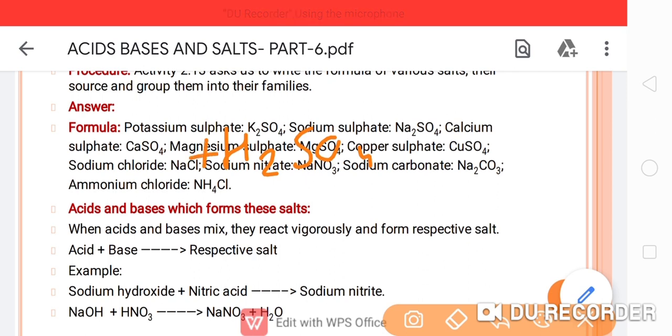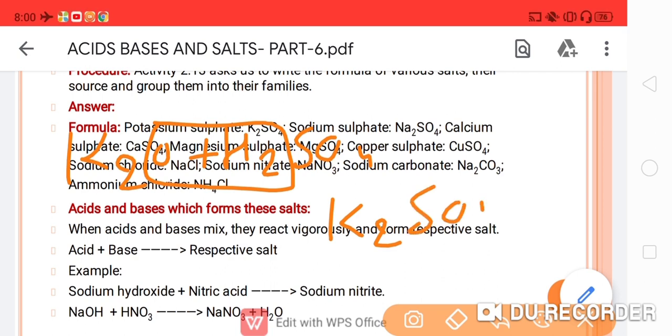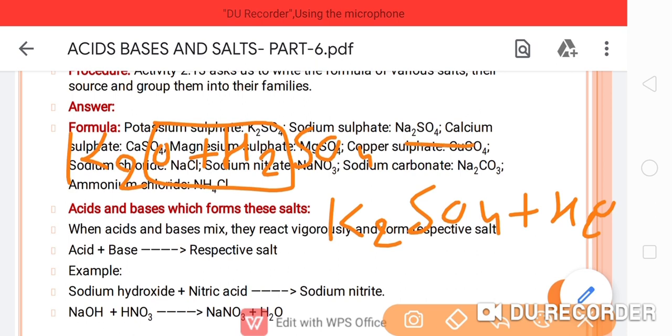And for potassium, there are two bases, potassium hydroxide and potassium oxide. Suppose we have taken potassium oxide, so here water will evolve and it will convert into potassium sulfate and water. So there is a formation of potassium sulfate.